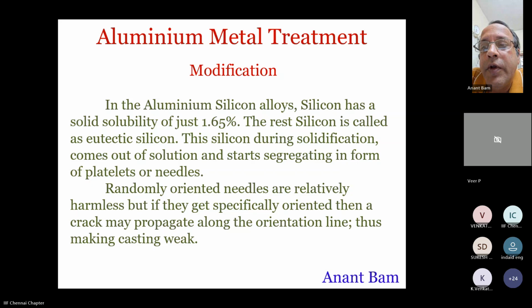But if those hard platelets get arranged in a single plane or close to a single plane, then it creates a fracture plane. So the casting can get cracked at that location and may become weak. Next slide, please.